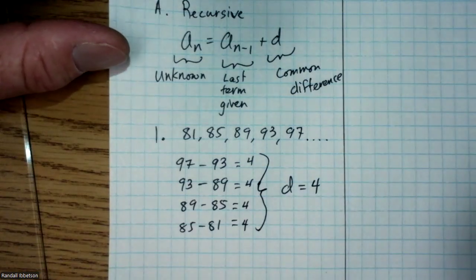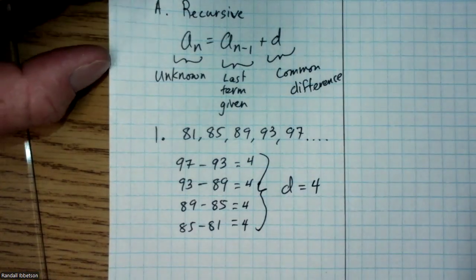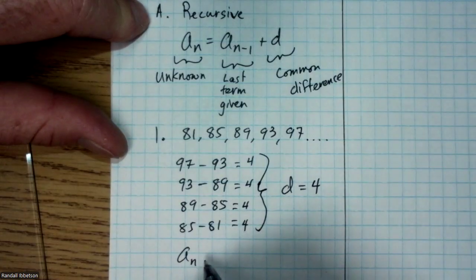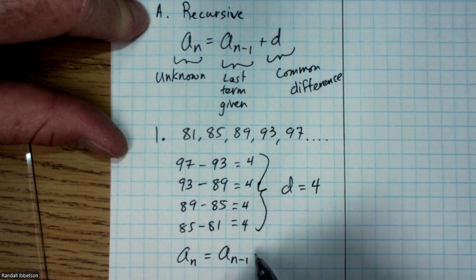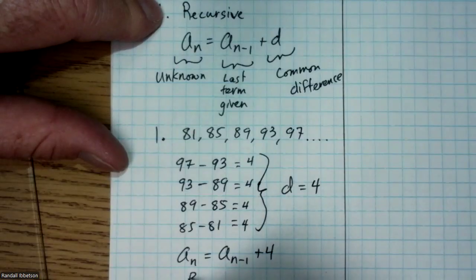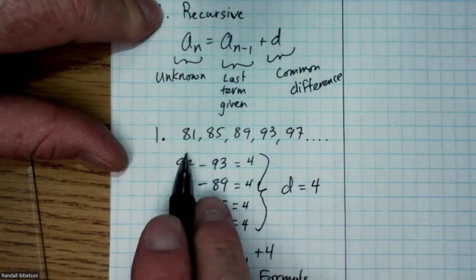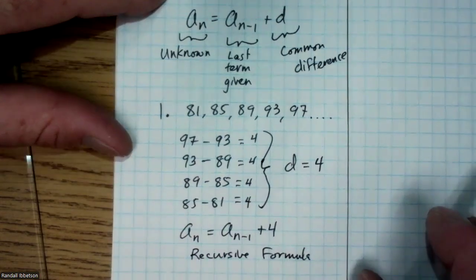Now that we have the common difference, we can write what's called a recursive formula. The next term is equal to the last term, a sub n minus 1, in this case, plus 4. This is the recursive formula for the given sequence, 81, 85, 89, 93, 97.